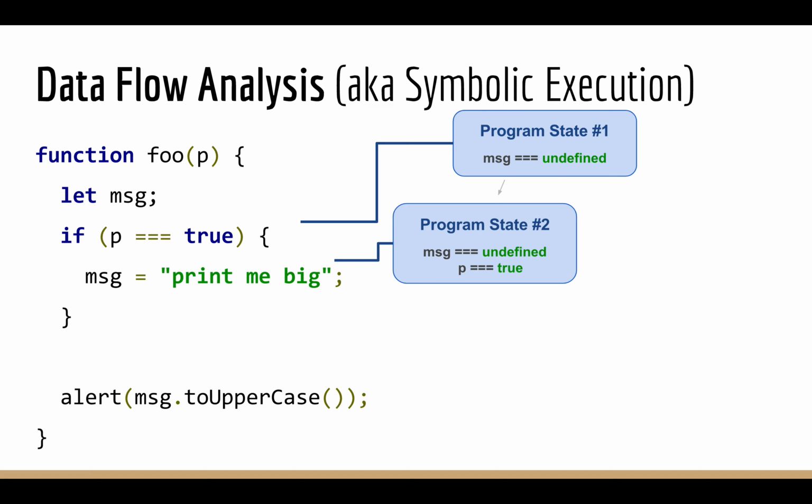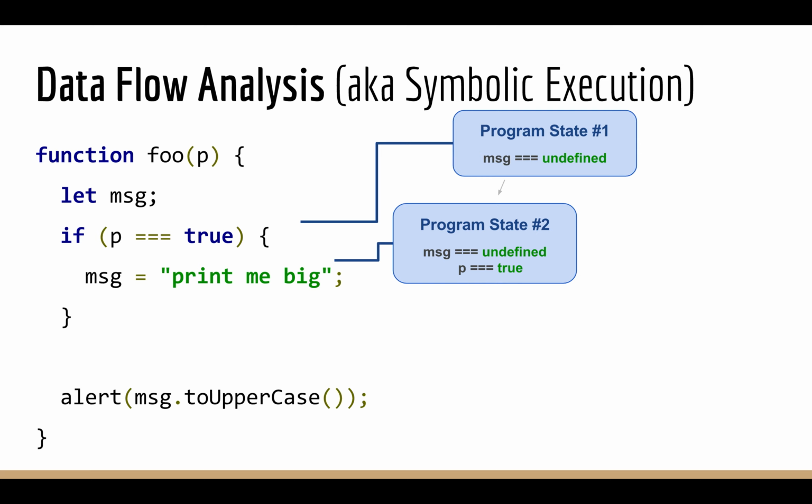So if it is true, we will enter the block. The program point will be right here just before assigning the message value, and our program state will contain two pieces of information. Message is still undefined because we still didn't execute the next statement, and p is true because the condition of this if statement was true as we entered the block.